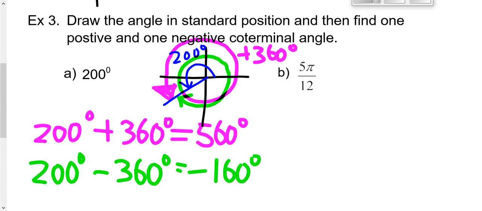Okay, so the last one here, before we sketch that, there's one thing we definitely need to do, which is to find out what this angle is. Because 5 pi over 12, well, what is that? I hope you still remember how to convert from earlier today.